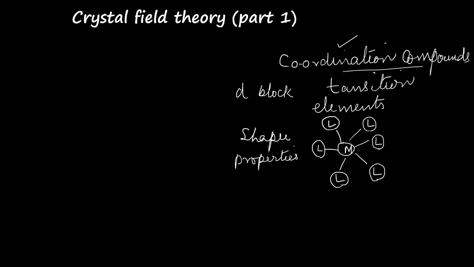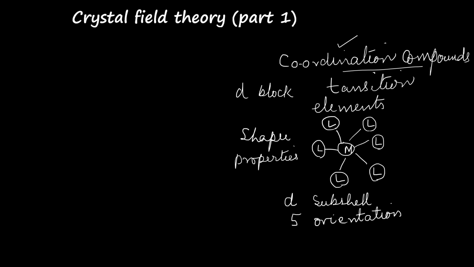For D block elements, the outermost orbital is the D orbital. That is, the D orbital takes part in bond formation, which has 5 orientations. These orientations have directional properties. It is this directional property which decides the shape and structure of the molecule.